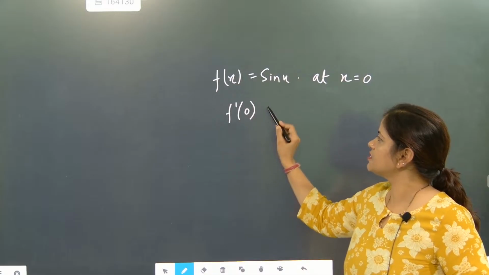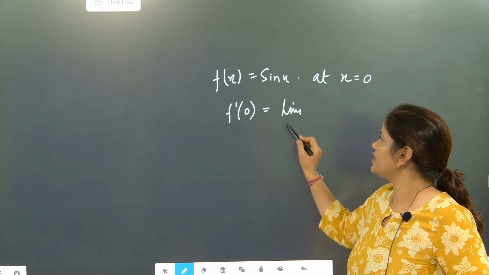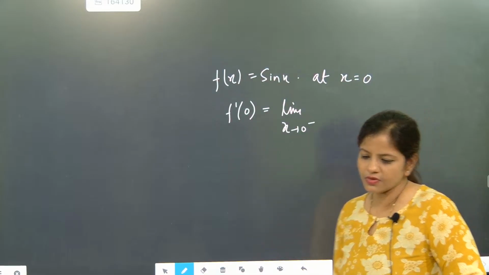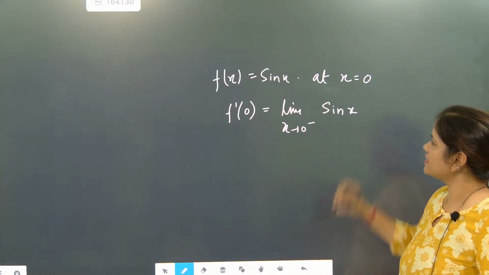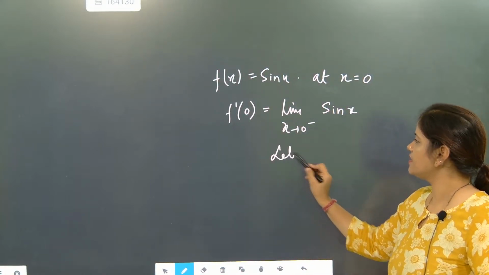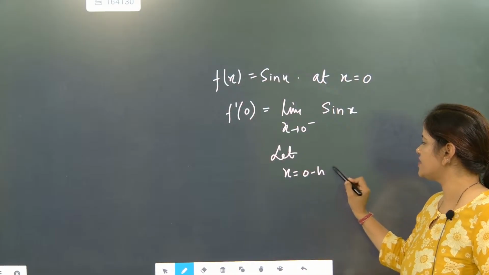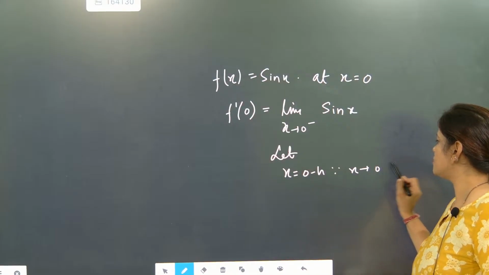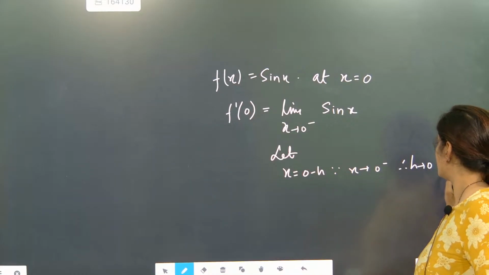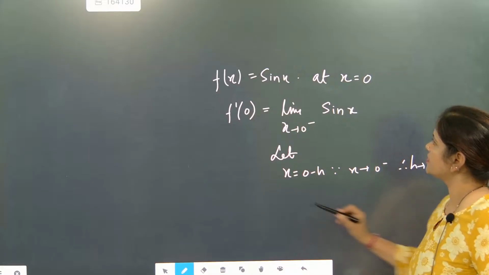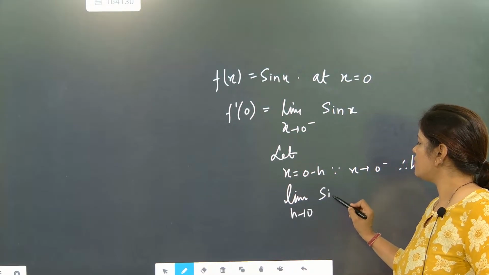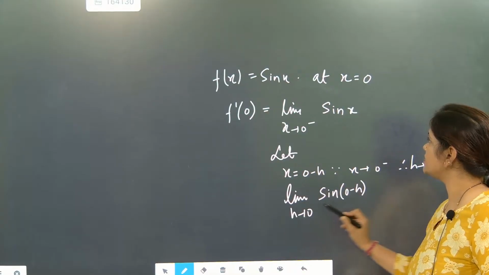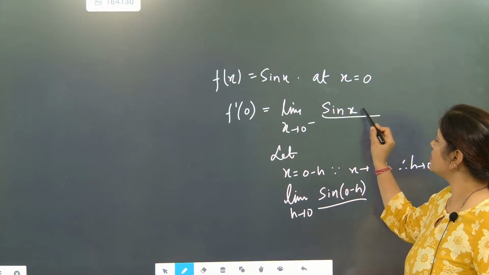So this is equal to limit x tends to, let's check, 0 minus. So this part will become sine of x is there. So what we will write? Let x is equal to 0 minus h. Since x tends to 0 minus, therefore h tends to 0 for all h greater than 0. So here it will become limit h tends to 0 sine of 0 minus h. Instead of x, here it will become sine.